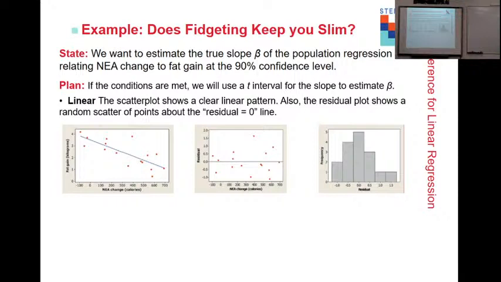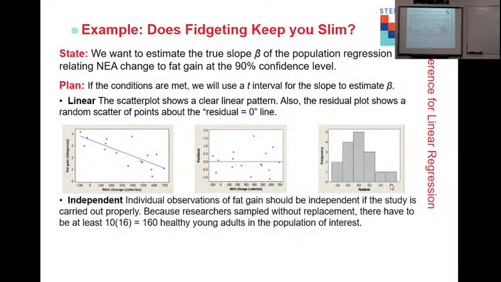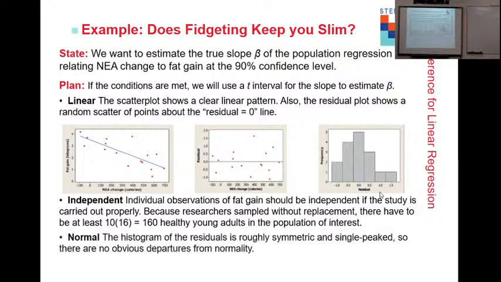That line's a pretty good fit for the data? Yeah, it does. Independent: 10 times sample size. Normal: there's the histogram. That looks pretty symmetric. We're probably good to go.